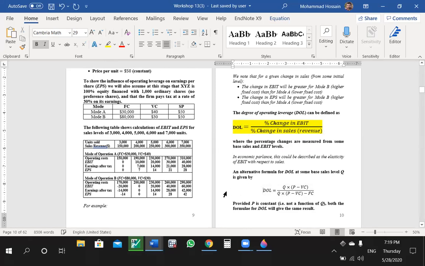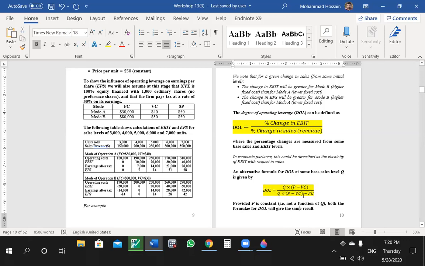And here is another equation. Q times (P minus VC): price minus variable cost is the contribution per unit, multiplied by quantity, which means total contribution.